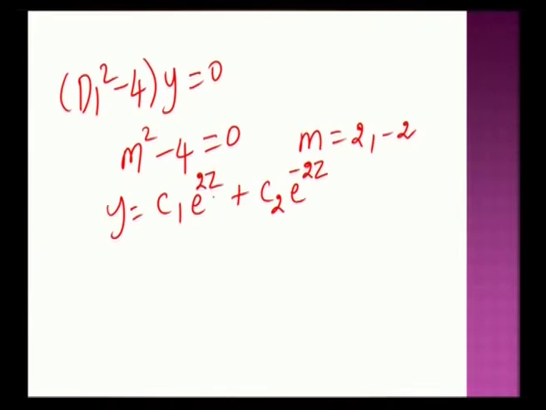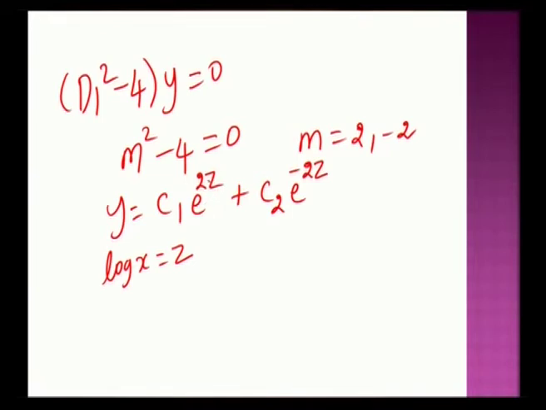Here in this solution z appears. We need to change this z to x. So, resubstitute the substitution we made at the starting of this problem. What substitution we made is log x is equal to z. So, substituting log x is equal to z, the desired solution, here instead of z substitute log x.